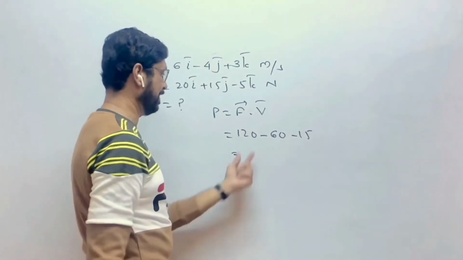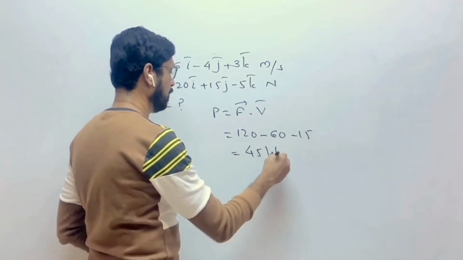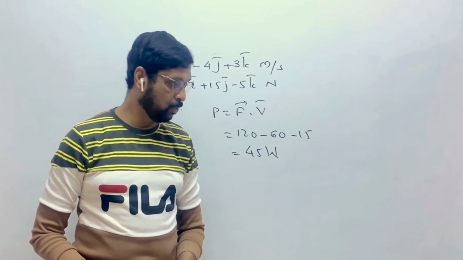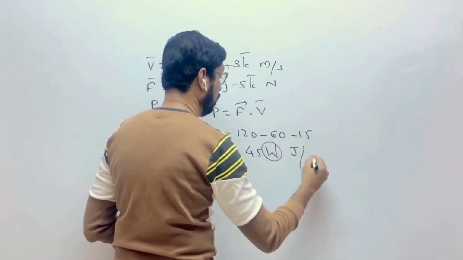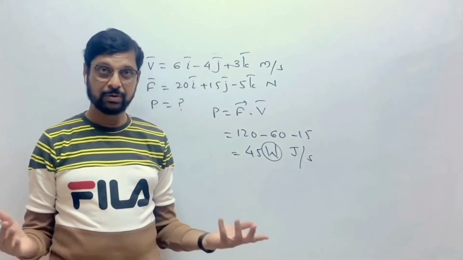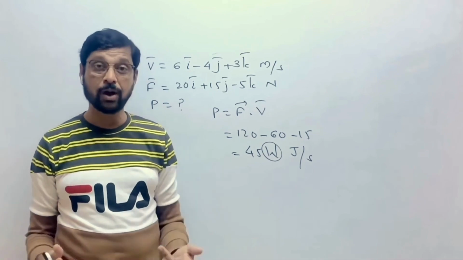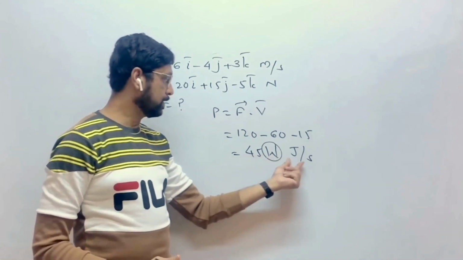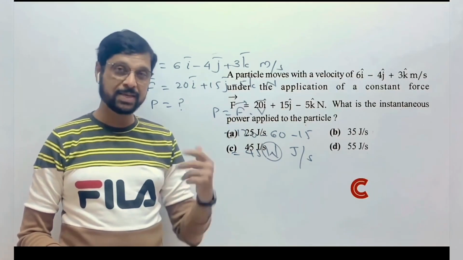So again, that is 60 minus 15, 45 watt. So 45 watt means 45 joule per second. The SI unit of power is joule per second, which is called watt. So what will be your answer? C.